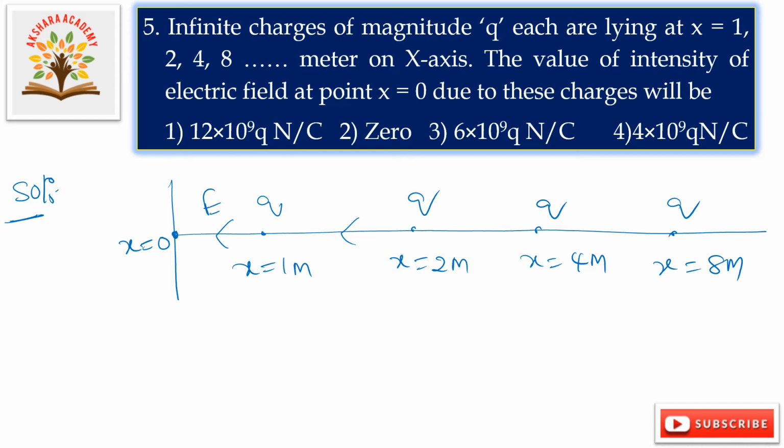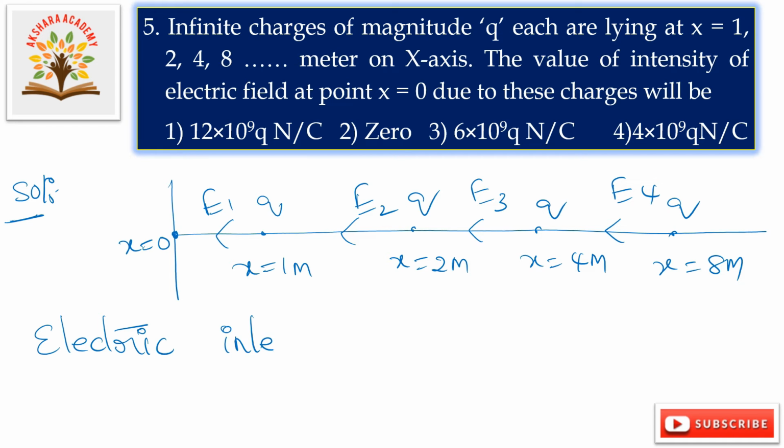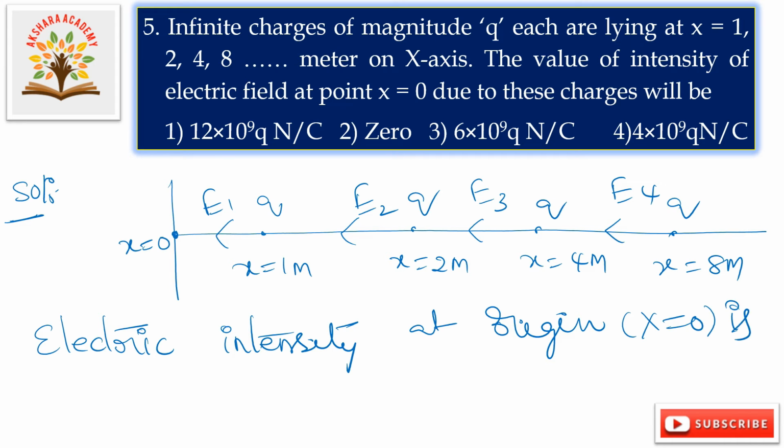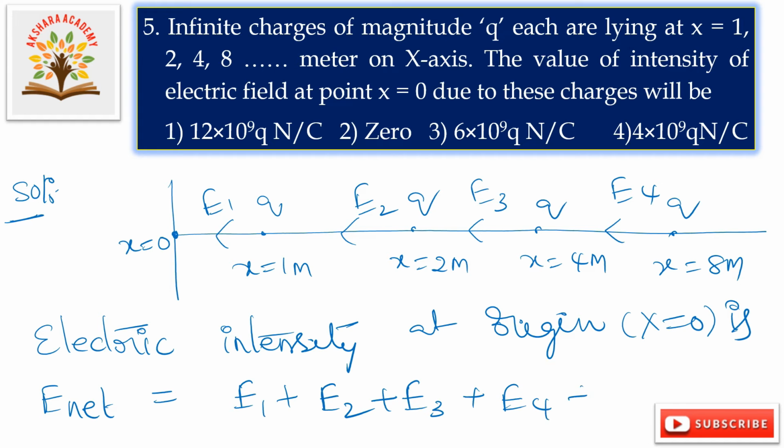Here electric fields E1, E2, E3 and E4. Electric intensity at origin, that is x is equal to 0, the net electric field is equal to E1 plus E2 plus E3 plus E4 and so on.